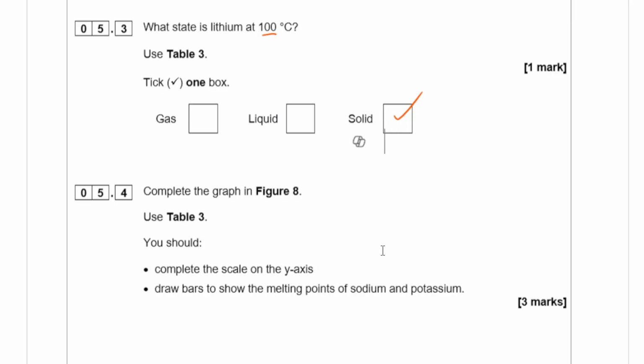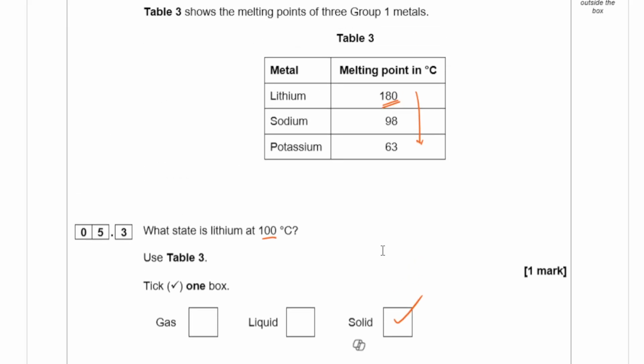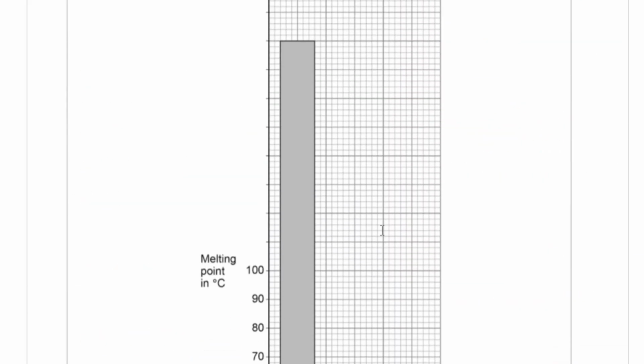Complete the graph in figure 8. Use table 3. You should complete the scale on the y-axis. Draw bars to show the melting points of sodium and potassium. Right, sodium is 98, potassium is 63. So 98 and 63, that's sodium and potassium.